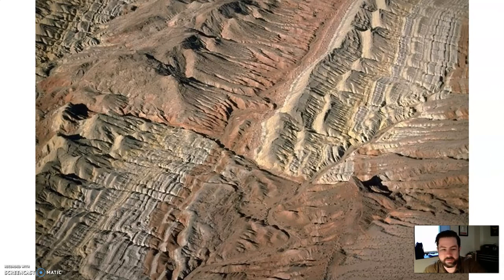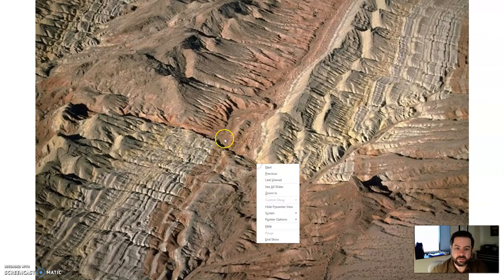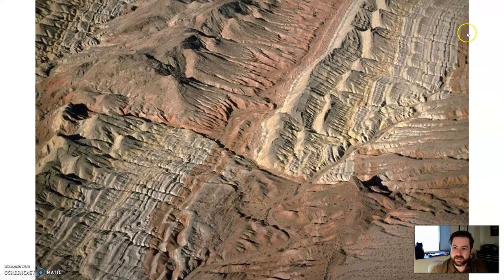And then when we have something like this, this is looking down, like from an airplane, looking down onto the flat ground. In this case, you don't necessarily have any up-down movement. This is more side by side. So here's the fault itself, right here, and it looks like we have white, red, yellow layers, red, white, yellow layers, red, white, yellow layers.